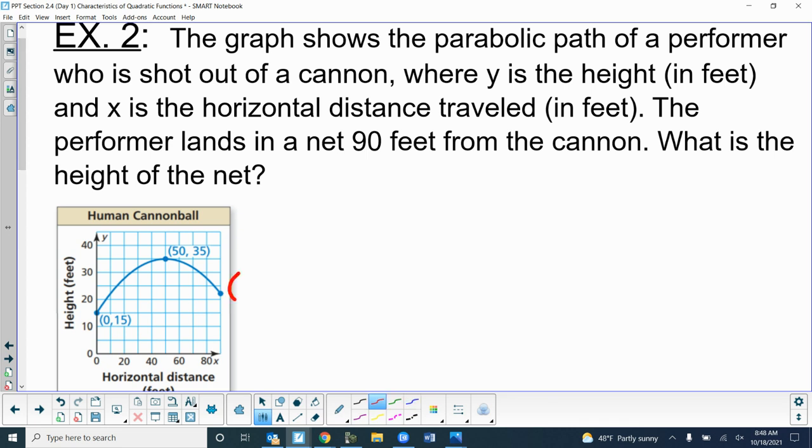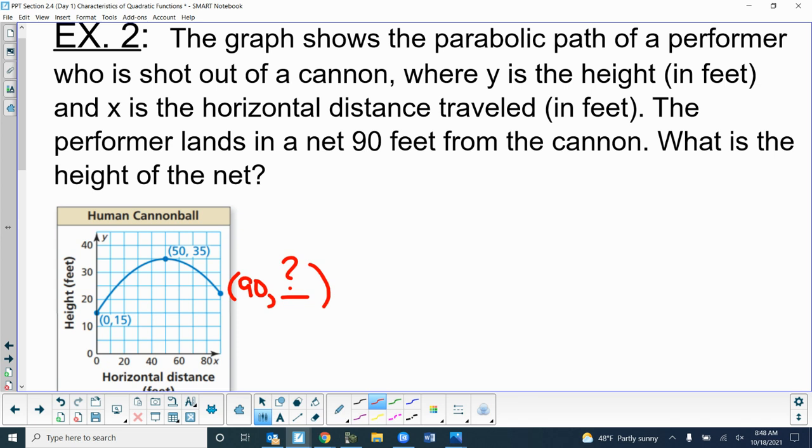What's the x value of this point? 90, right? To answer the question, we're looking for that number, right? Before I can find that number, we have to find that a value. So we're going to use the point they give us, the y-intercept there, 0, 15, and the vertex, 50, 35, just like we did in the last problem.